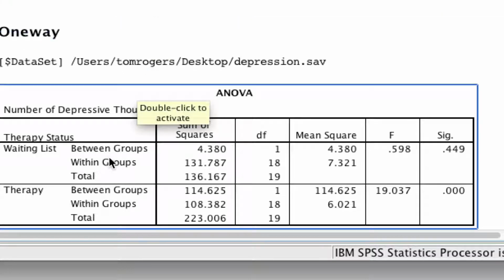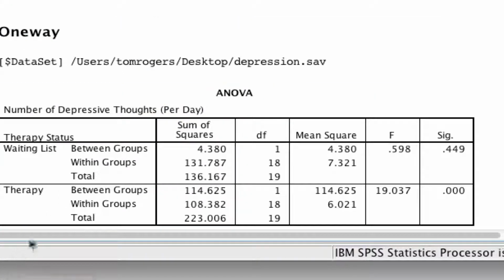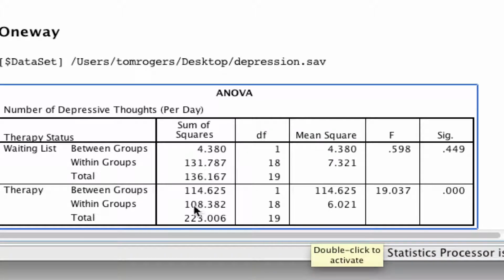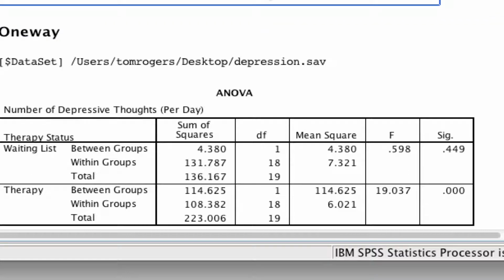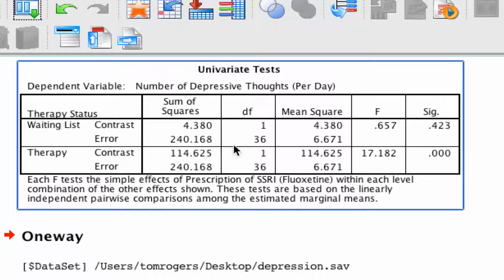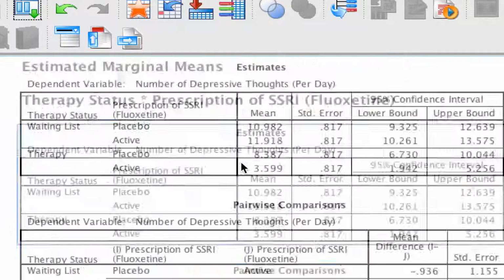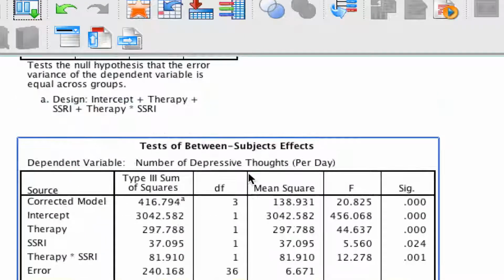In a one-way ANOVA, because we're effectively doing two tests, we get two different error sums of squares. But in the simple effects analysis produced by SPSS, we use this pooled error term, and that's actually from the original model.